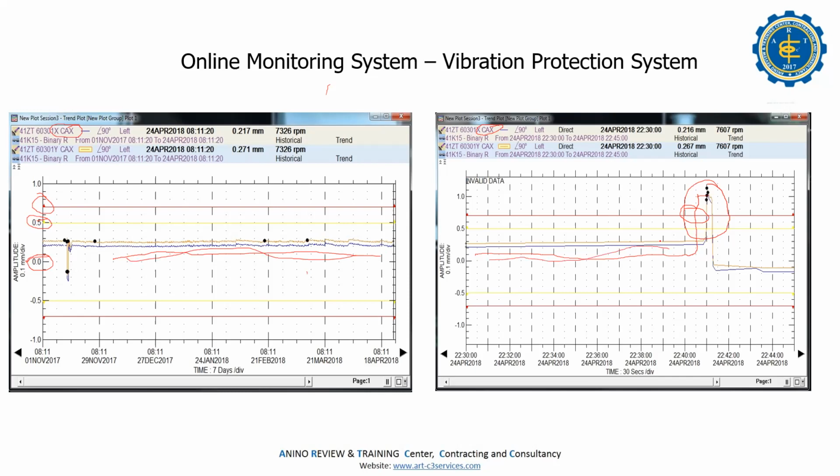Luckily, that vibration was only one time. But if the trend goes slowly up, climbing, then trip, this time my superior will ask me, "What did you do?